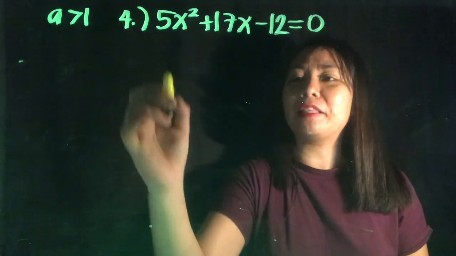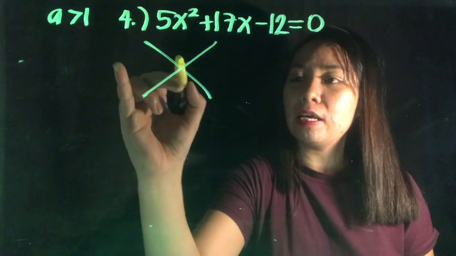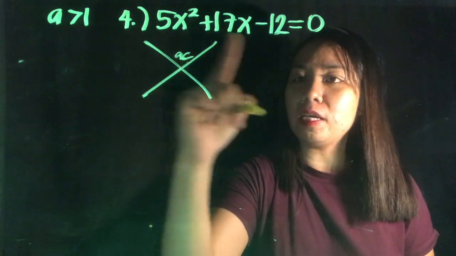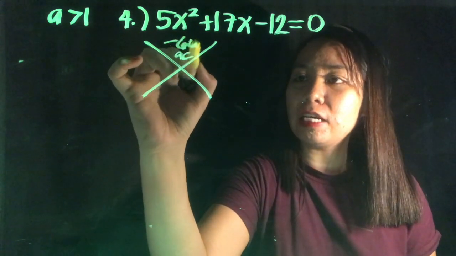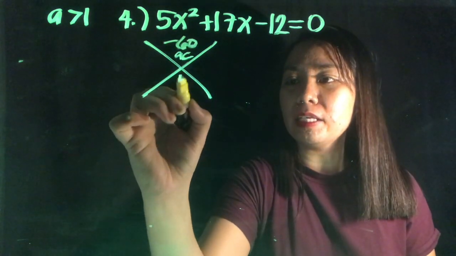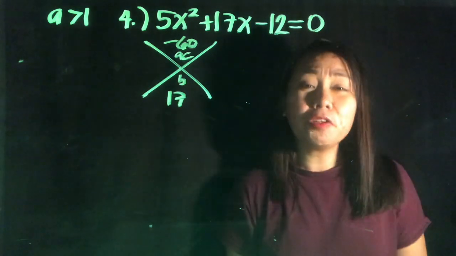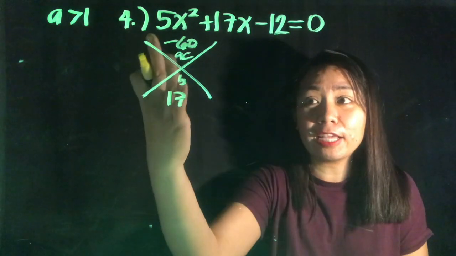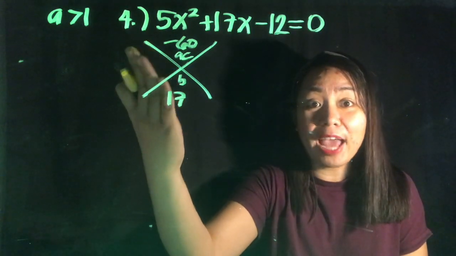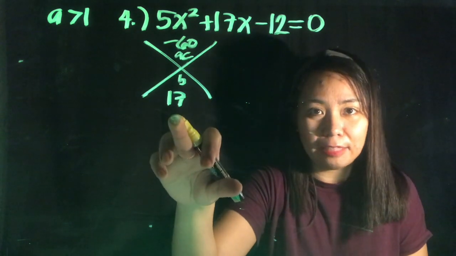Same technique pa rin. Let's use our magic x. We now have there A times C, which is negative 60, and our B is 17. So, ganun pa rin. Hahanap tayo ng factors ni negative 60. When we add or subtract, dapat 17.